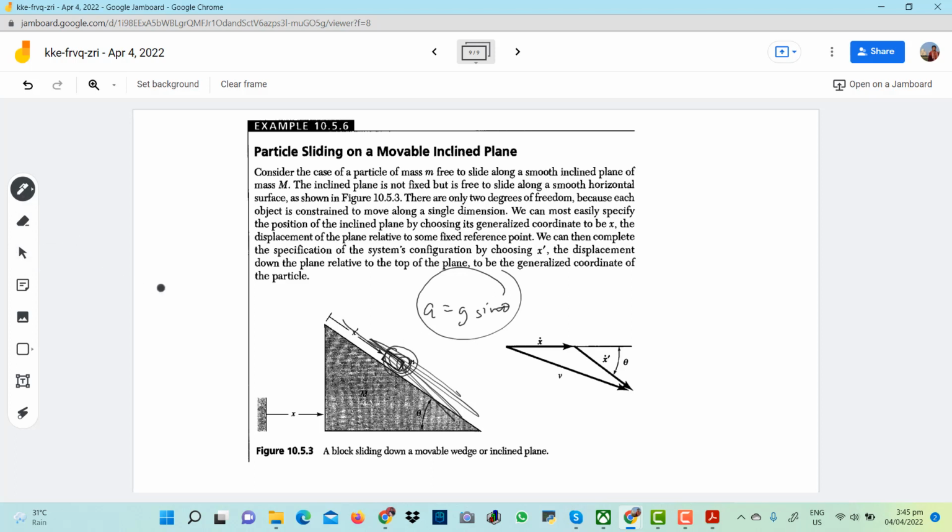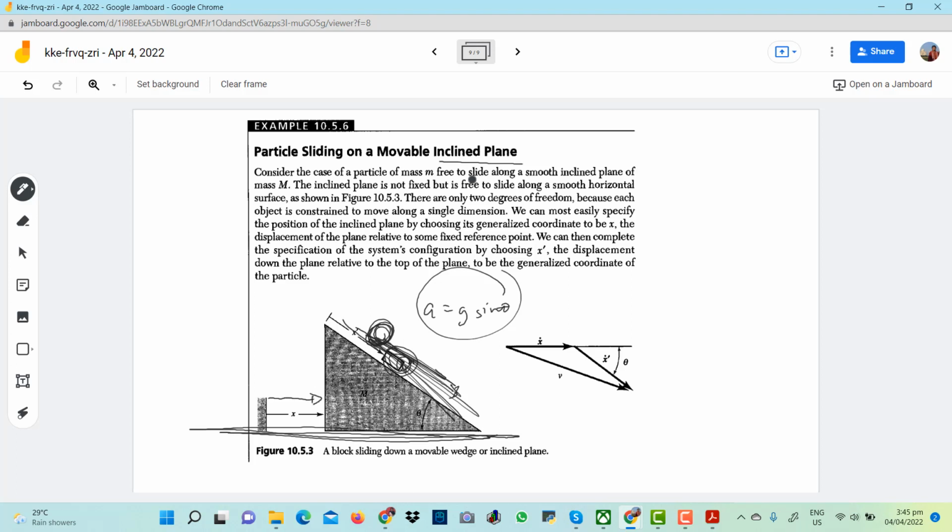Now, in this case, it is not only the particle that moves. The particle slides downward, but the inclined plane also moves. So we have a particle sliding on a movable inclined plane, and it is frictionless. When the object moves, since there is no friction, your inclined plane will also move in that direction.